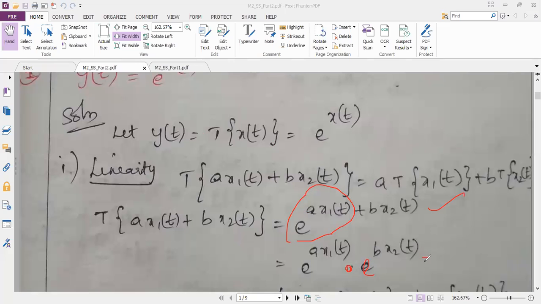Now can you say that e power a into x1 of t is a product with e power b into x2 of t? But as per the first equation which I have written, I should get the sum of the transform, a into T of x1 of t plus b into T of x2 of t. Here I am getting the product.